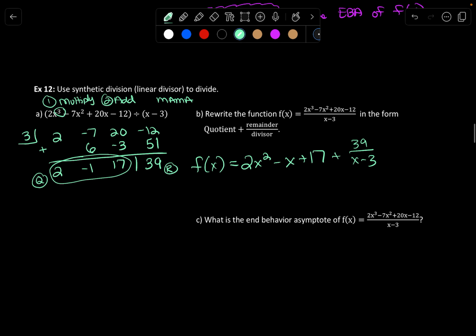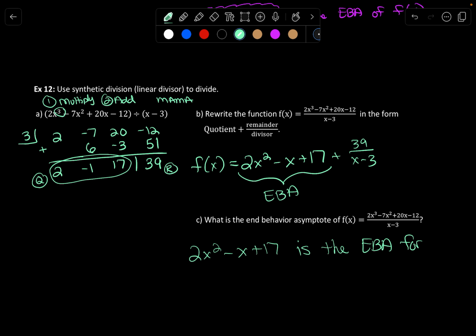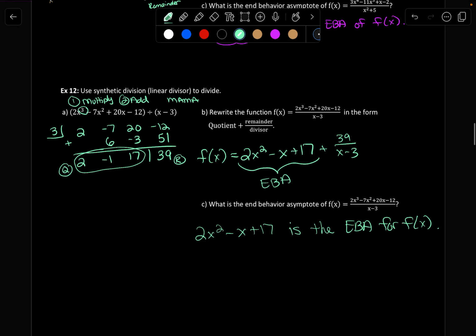And then what is the end behavior asymptote? It's going to be our quotient. So 2x squared minus x plus 17 is the EBA for f of x. So again, we have another quadratic asymptote.